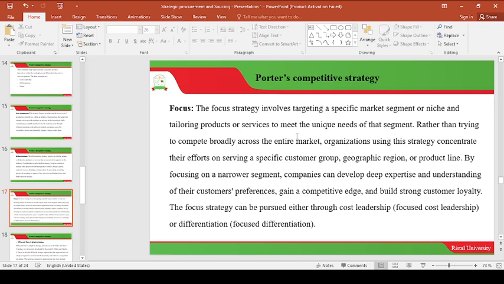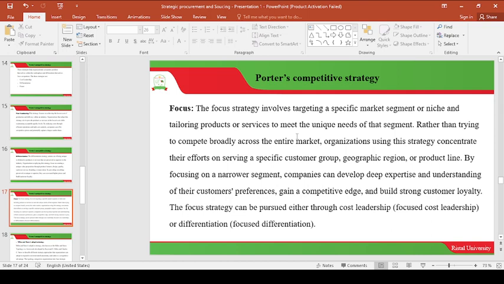So if the organization focuses on a small market segment, it can use both strategies. The cost leadership, where it offers the lowest prices in that region, and also the uniqueness and quality of the product. Because if you select a small market segment, it is possible for the organization to offer all this.